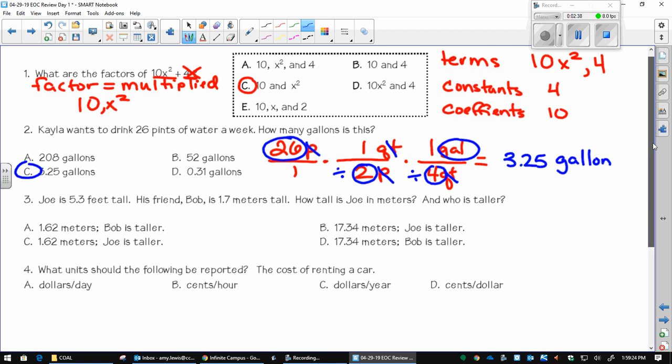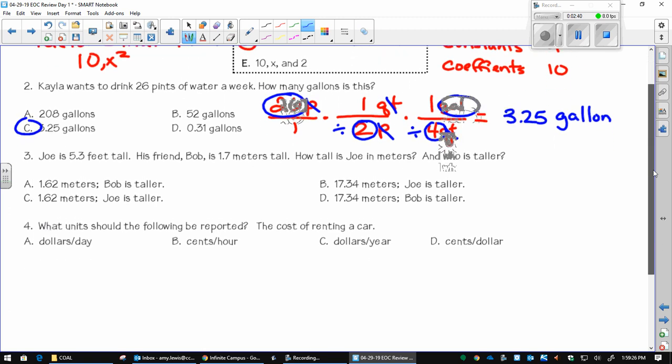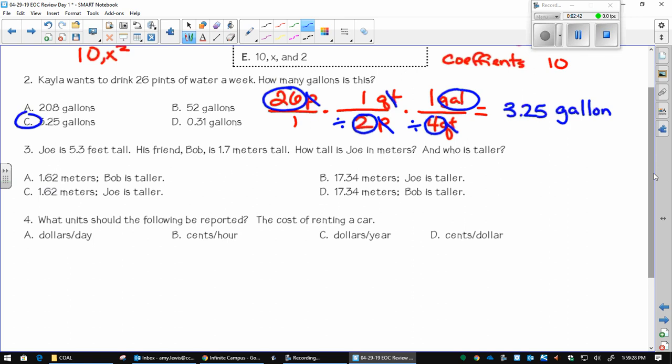Number 3 is another dimensional analysis problem. We need to compare Joe to Bob, but we can't compare them yet because Joe is in feet and Bob is in meters. Well, we can take Bob's feet, 5.3 feet, and convert it to meters. We know we need feet on the bottom and meters on top so that the feet will cancel.